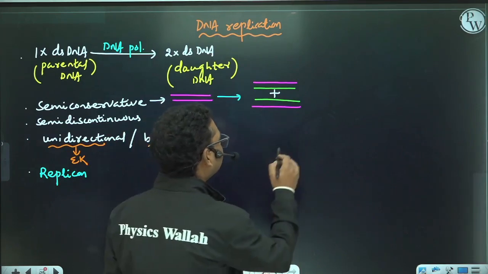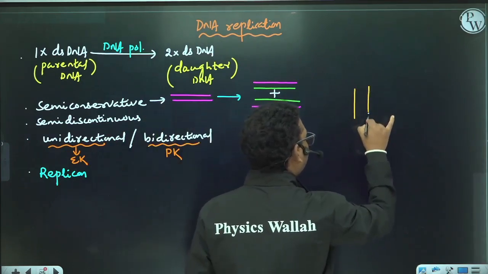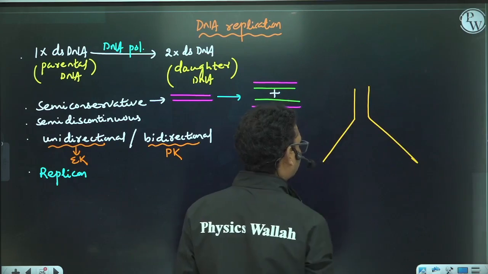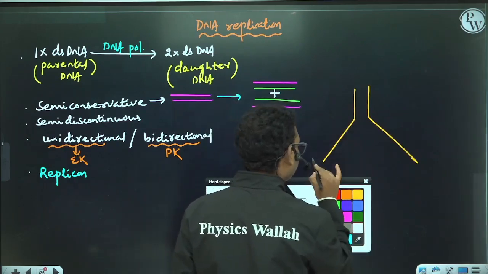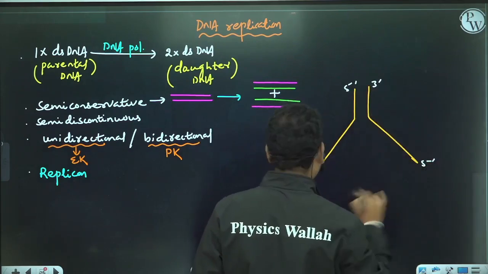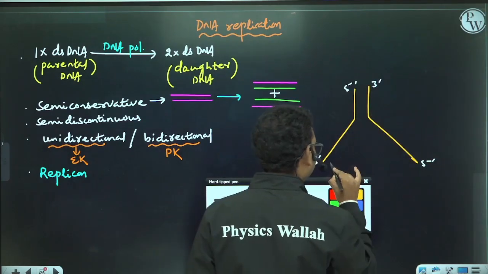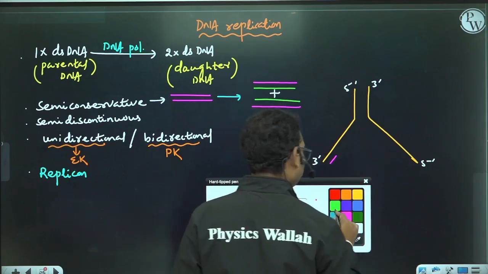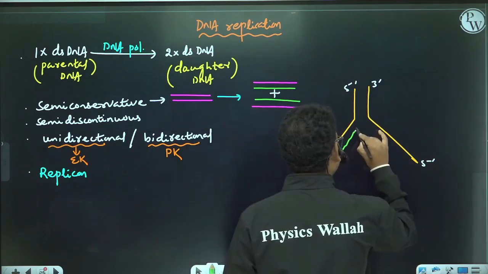Let me write that part here. Suppose this is the replication fork. Suppose this is 3' and this is 5', and this is 3' and this is 5', and suppose this is the primer. Suppose this is the newly synthesized DNA.